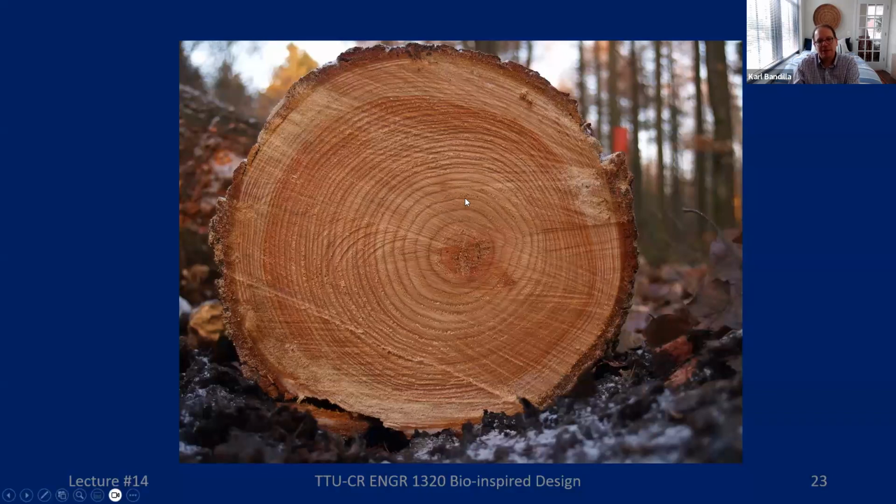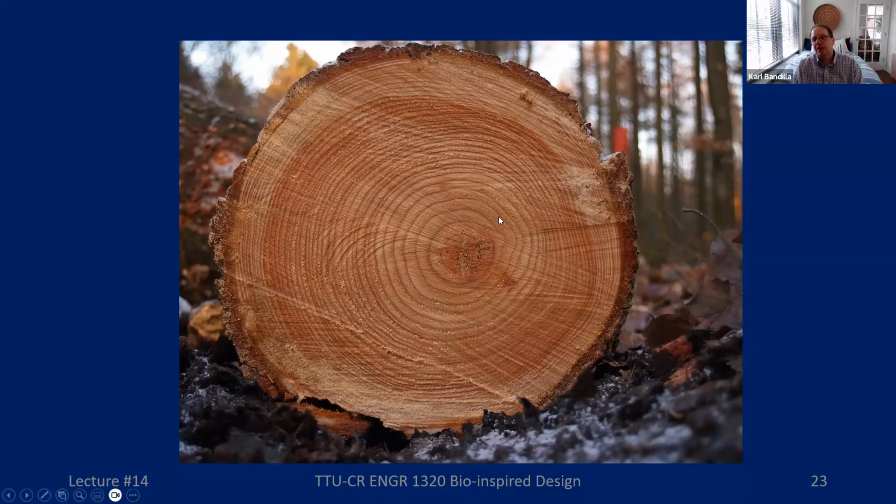The reason we have this difference is that in the spring, the tree has lots and lots of water, lots and lots of nutrients, so it's expanding very quickly, right? So it's basically creating these tubes, it's all cellulose, and it's creating them as big as it can to grow as fast as it possibly can.